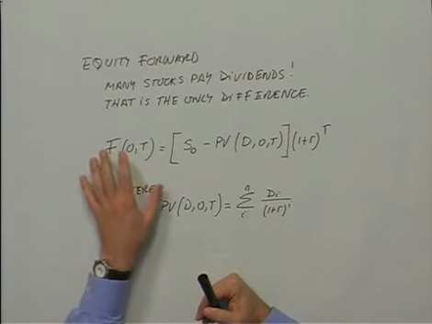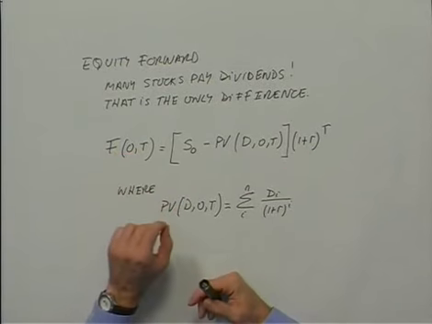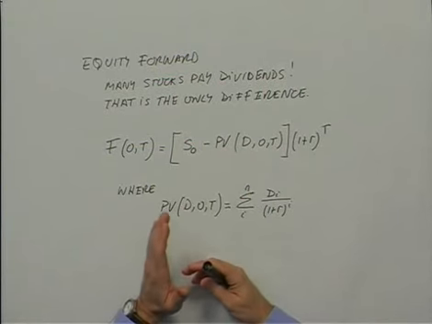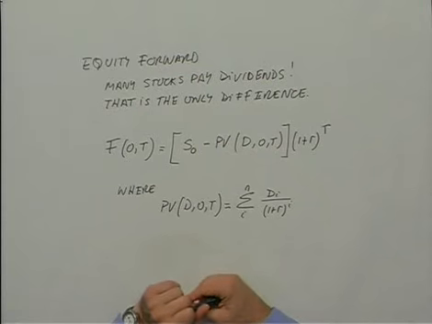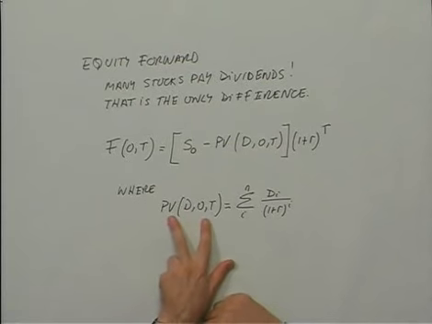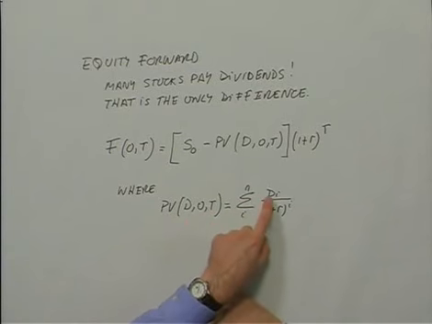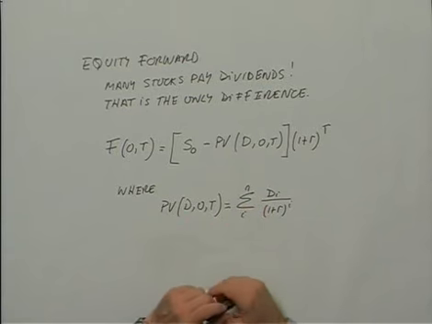So the only difference in pricing a forward contract on a dividend-paying stock would be that the current price of that stock should be adjusted by the present value of the dividends paid over the life of that forward contract. Remember then that the present value of the dividends paid over the life of that forward contract is simply the sum of the present value of the dividends over the life of that forward contract.